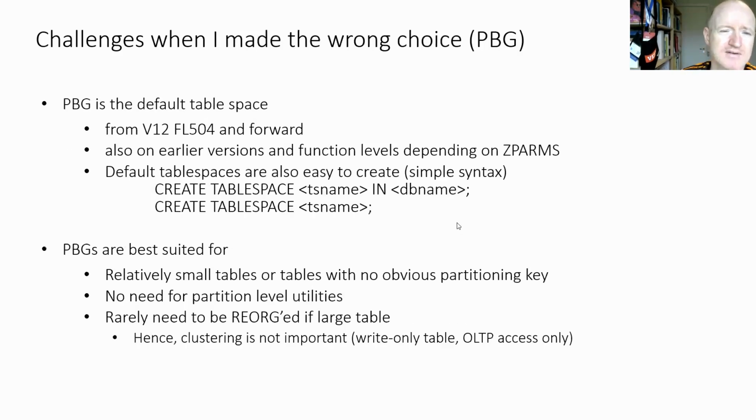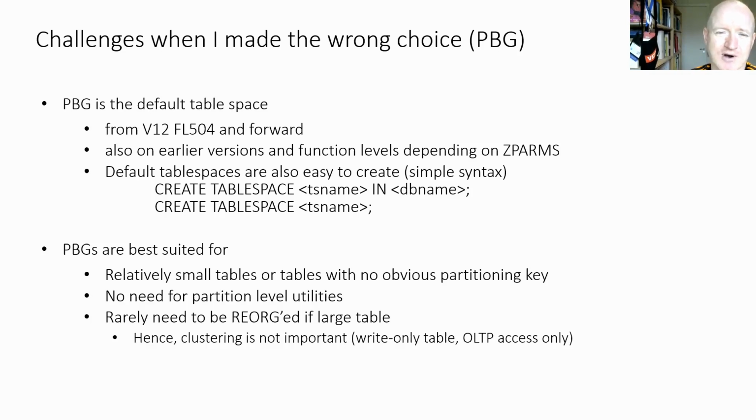Then obviously you can already be on a universal table space, but you made the wrong choice initially. As of function level 504, the PBG is the default tablespace type. It could have been the default on earlier versions and function levels, depending on how you set up your ZPARMs.